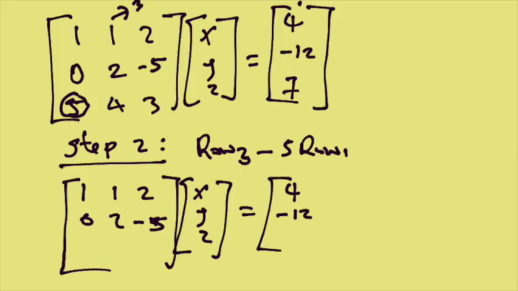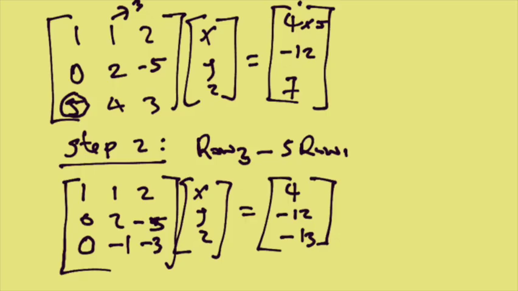So multiply row 1 by 5. 5 minus 5 gives you 0. 5 subtracted from 4 gives you negative 1. 10 subtracted from 3 will give you negative 7. And then 5 times 4 will give you 20. 20 subtracted from 7, you have negative 13. So that's row 3.